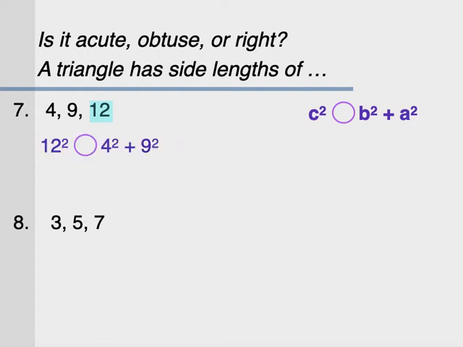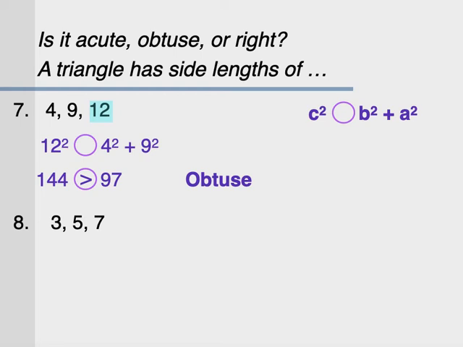So if we put that first in c squared versus a squared plus b squared and simplify each side, 12 squared is 144, 4 squared plus 9 squared is 97. If you figure out what inequality should go in the circle, 144 is greater than 97, so we write a greater than symbol. And if you look at the theorems above, if it's c squared greater than a squared plus b squared, it has to be obtuse.